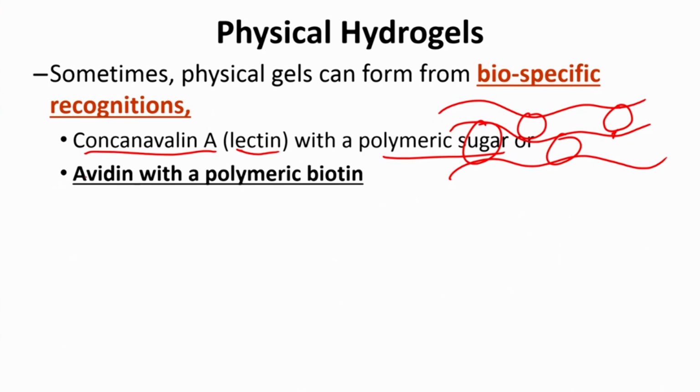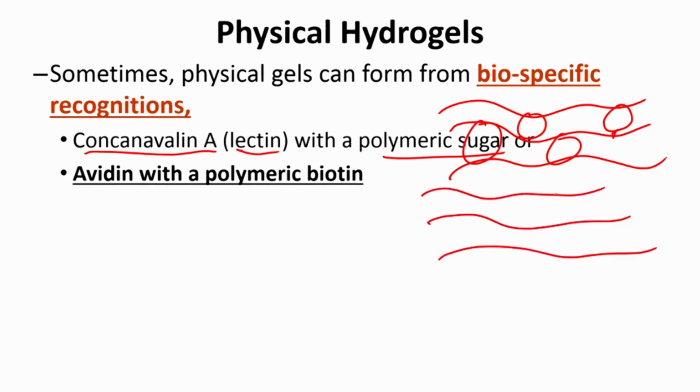Another good example is avidin with polymeric biotin. Avidin has a very high affinity for biotin, one of the strongest affinity pairs in biology. So again the same thing goes here. Let us say you have a polymer chain that is conjugated to avidin, and now if you put biotin in the system, what will biotin do?